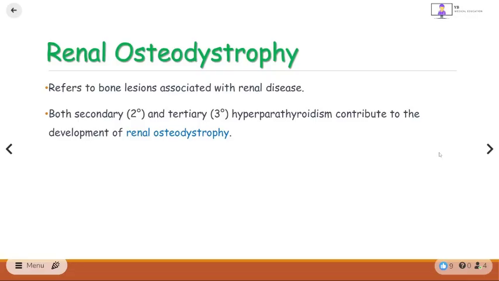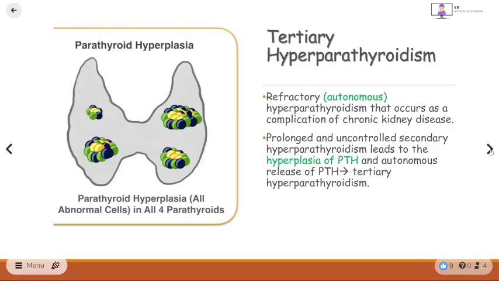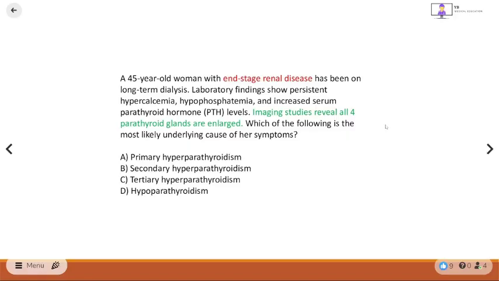So let's see tertiary. I think there is another case here. A 45-year-old woman with end-stage renal disease has been on long-term dialysis. Laboratory findings show persistent hypercalcemia, hypophosphatemia, and increased serum parathyroid hormone levels.